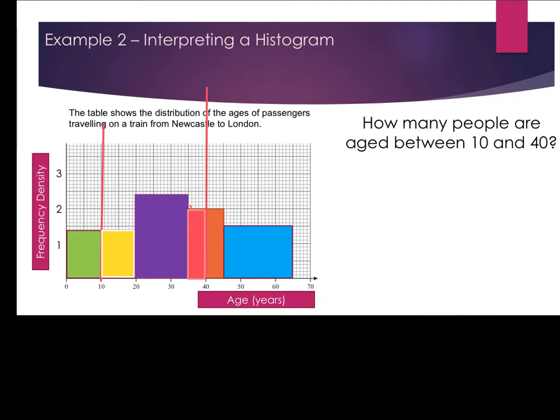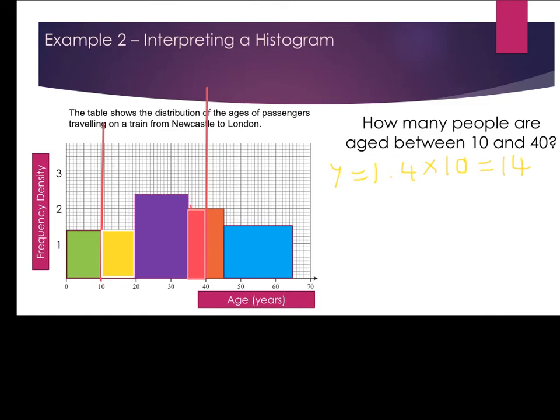Right, so looking at this graph now, we need to figure out the 3 new sections' area to find the frequency. The yellow section has a class width of 10 and it's got a height of 1.4. So for the yellow section, 1.4 times by 10, which gets us 14 people.